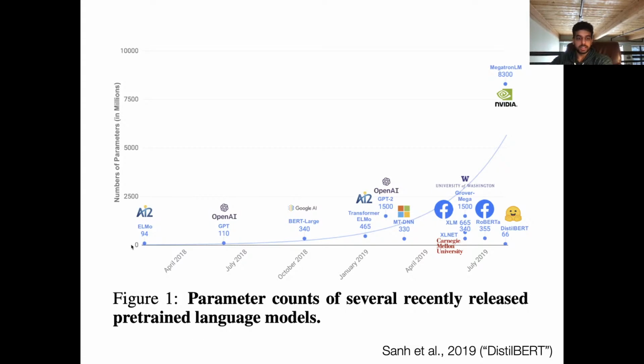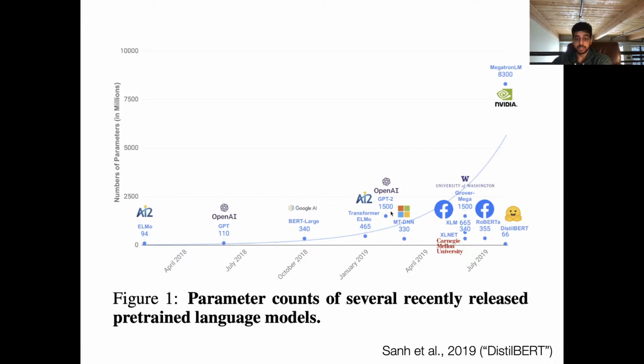This plot is basically showing the number of parameters of a couple different models that have been proposed in the last 2 years. So you see ELMo is over here, also the earliest model on this chart at around 94 million parameters. We got to GPT-1, BERT large, then we had GPT-2, which was 1.5 billion parameters.